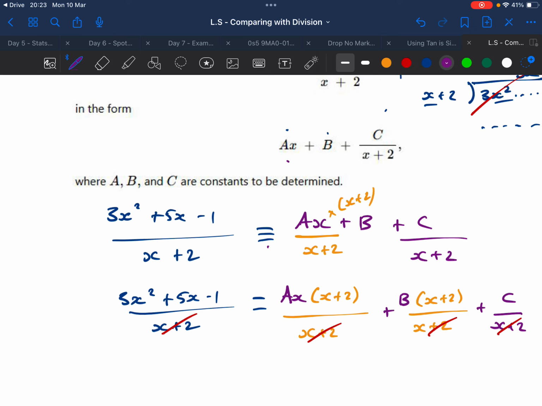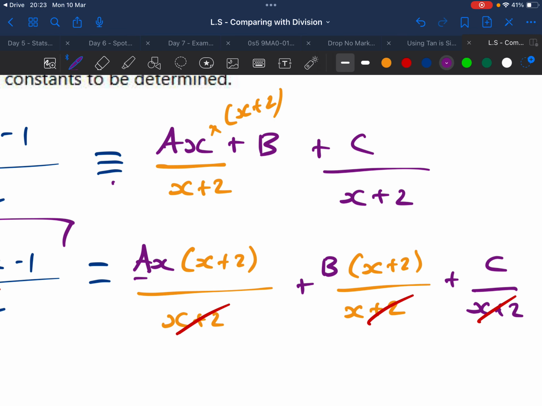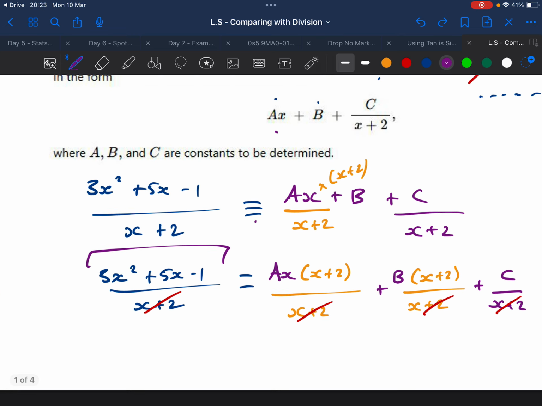So what I'm going to do for this is say, well, on the left-hand side of my equation, however many x squareds there are, for example, will be equal to however many x squareds there are on the right-hand side. So let me just show you that process a little bit more slowly.